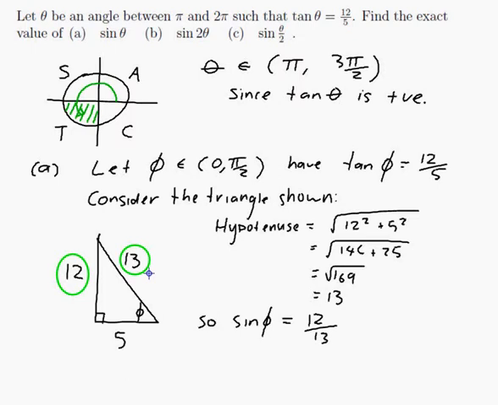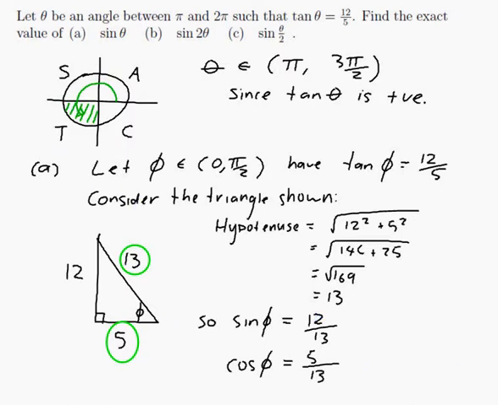And while I'm at it, I might as well calculate what cos phi is. Cos phi would be adjacent over hypotenuse, so 5 on 13. Right, so now I know what sine and cos of phi are.